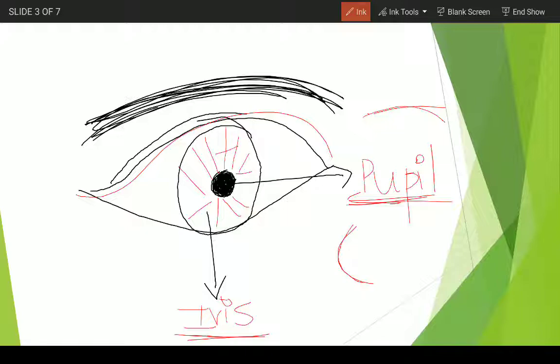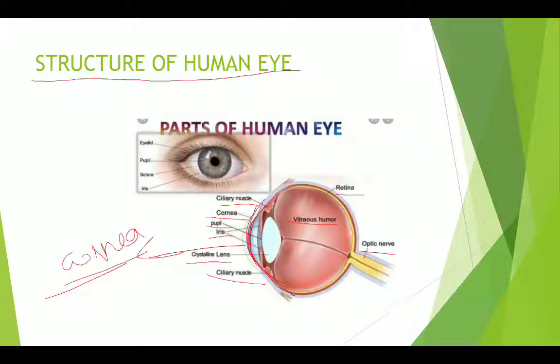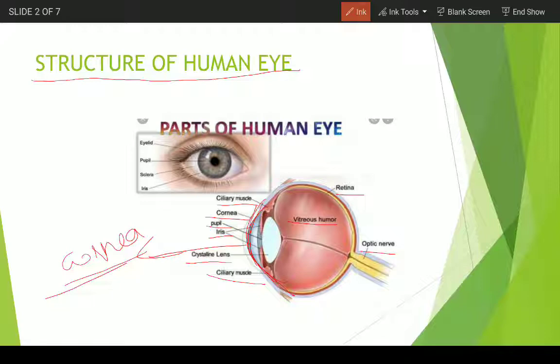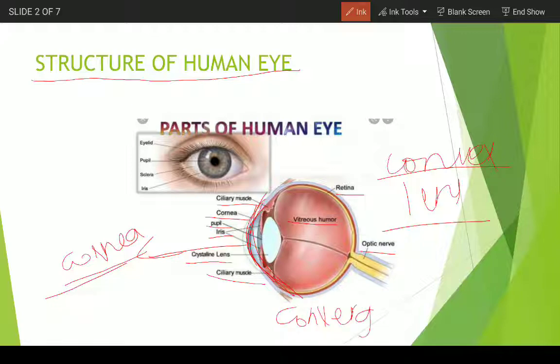And if you can see, this lens is a convex lens. Convex lens means a converging lens, which focuses all the light at one point.